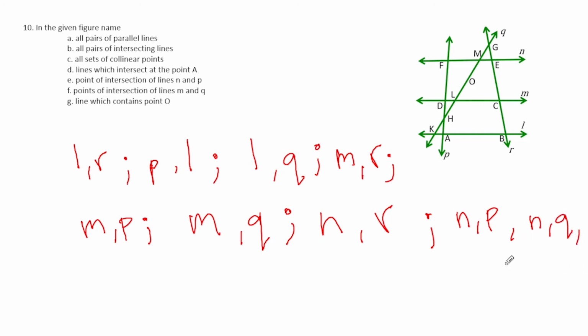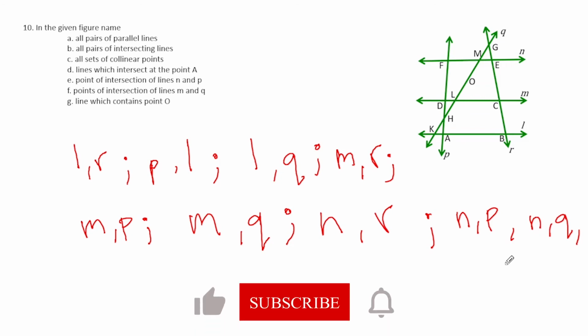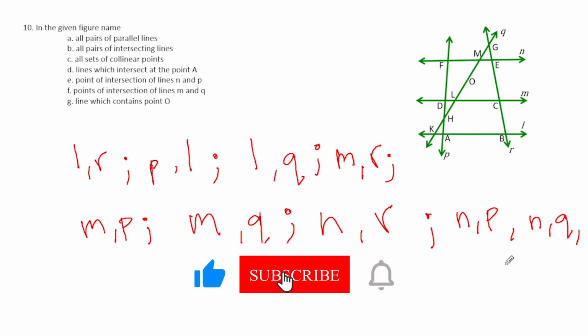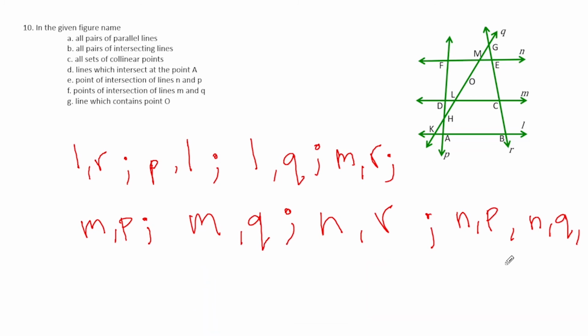Now, after line N, we have line P. With what lines does P intersect?